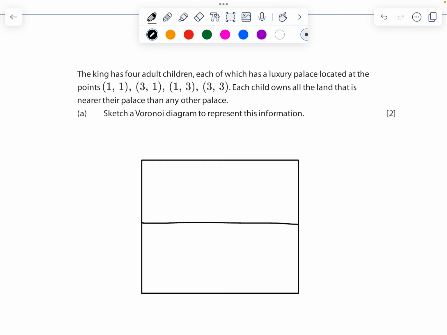The first kid is at (1, 1), the second kid is at (1, 3), next is at (3, 1) and (3, 3). This is the Voronoi diagram for all the 4 kids.